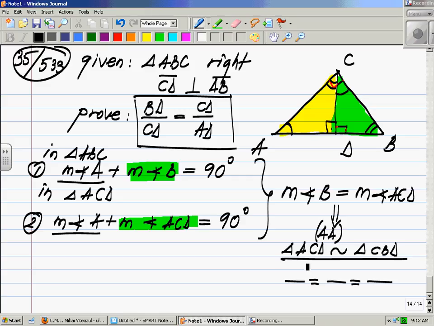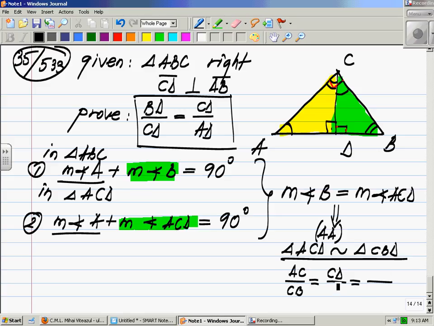First side from triangle ACD, side AC. If triangle ACD is similar to triangle CBD, then AC, which opposes a 90-degree angle, over CB, which in the second triangle also opposes a 90-degree angle, will be the same as the next side, CD, which opposes angle A, over BD, which also opposes an angle congruent to angle A in the green triangle.